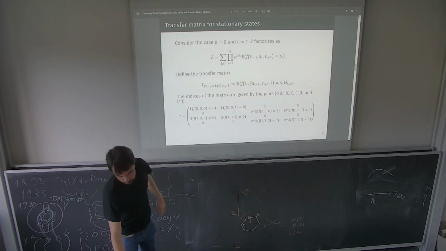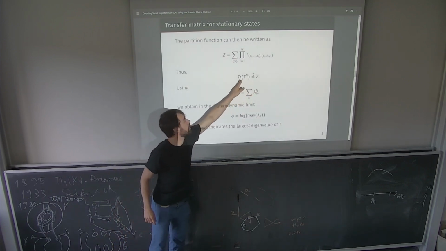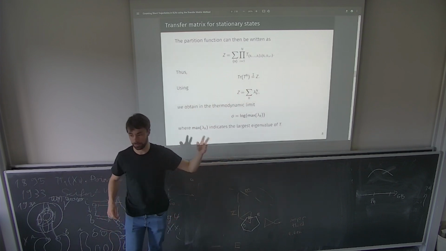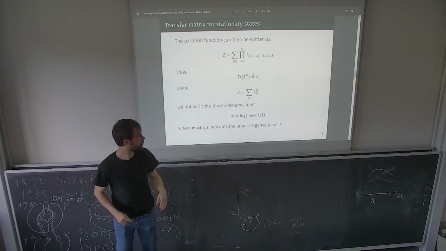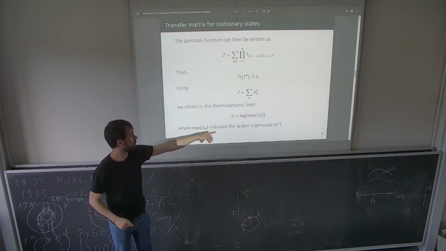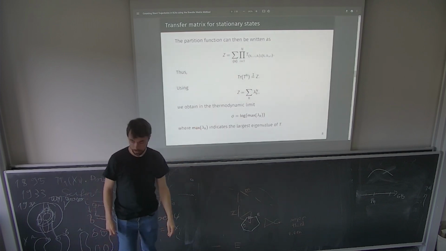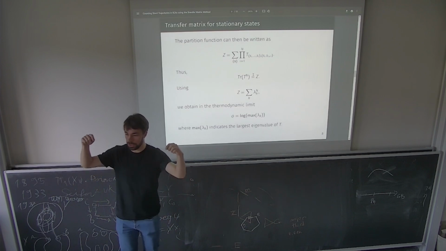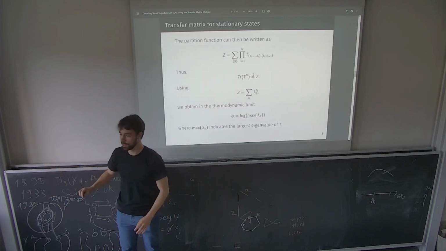I won't enter into too much detail, but then we can find that the partition function Z can be written as a trace of a matrix to the power n. We take the thermodynamic limit, so n goes to infinity. So this will be dominated by the largest eigenvalue. Okay, n is the number of cells, right? Of cells, exactly. So from now, the number of cells goes to infinity.